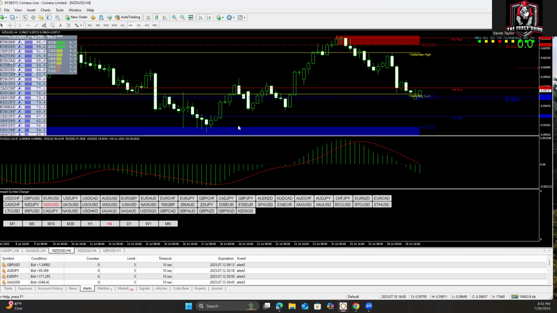Each one of these candles represents a 4-hour period. Each one of these candles is different, and that means that there is more money being traded or not being traded based on the size of the candle.